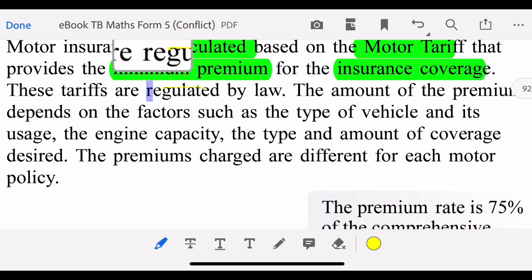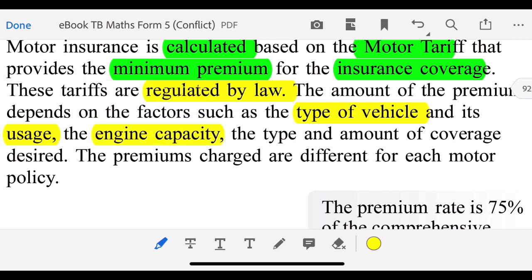Alright, so the amount of the premium depends on factors. There are many factors, such as type of vehicle and its usage, engine capacity, type and amount of coverage desired.